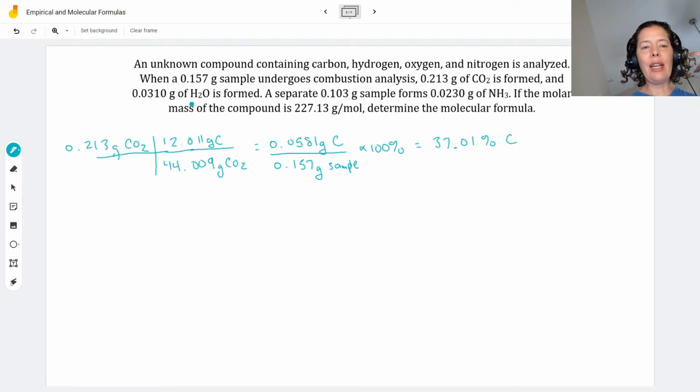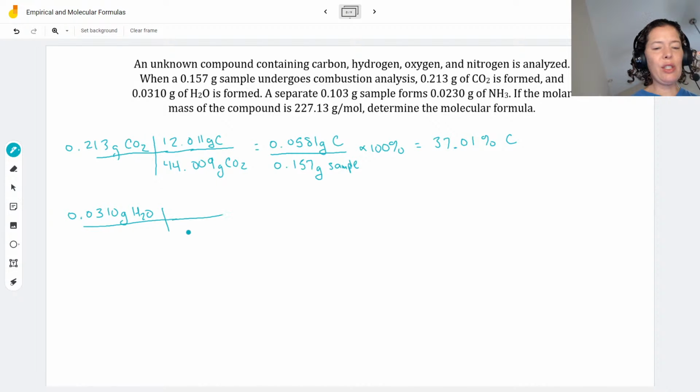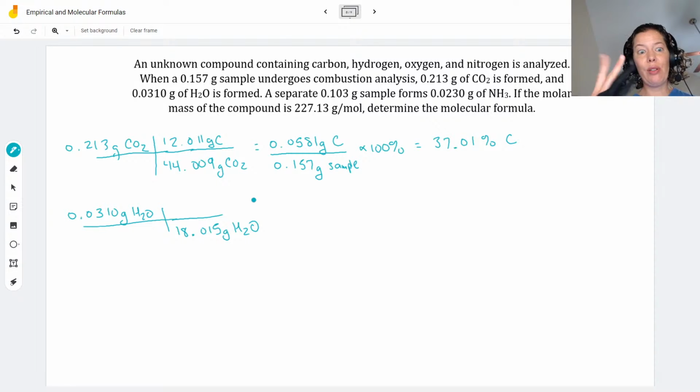Okay, great. That's carbon. Let's go ahead and take care of our water and our hydrogen. So we formed 0.0310 grams of water. And if you remember from the previous problem, I'm going to put my molar mass of water in the denominator. And don't forget, because water is H2O, it's not just your molar mass of hydrogen, but 2 hydrogens there.